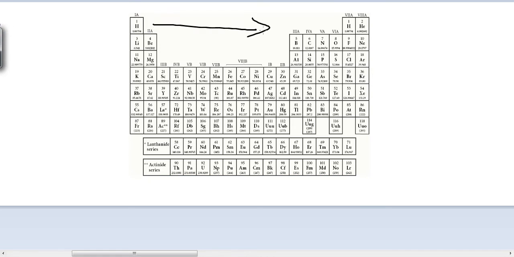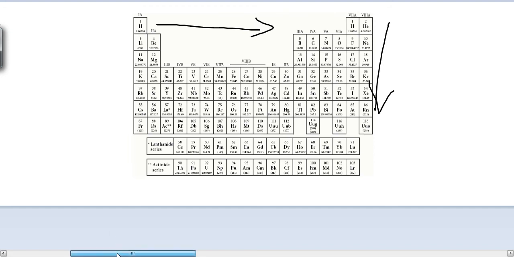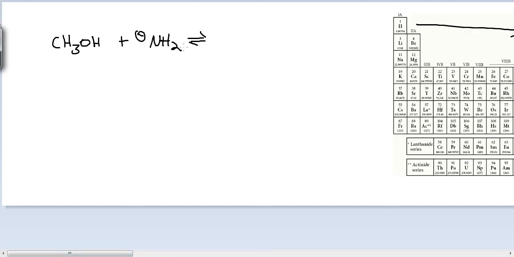If we go from top to bottom, that's also increasing acidity, and that has a lot to do with electronegativity and atomic radii, and we'll get to that in the future. But for now, all we need to know is that going left to right is more acidic.